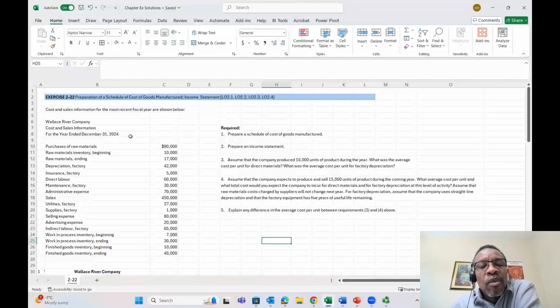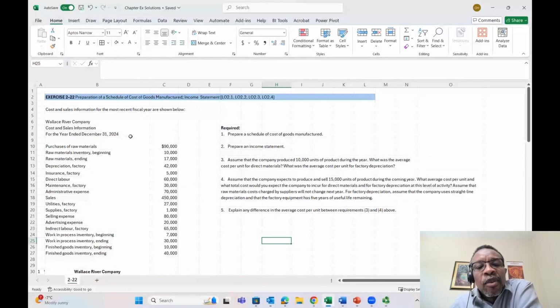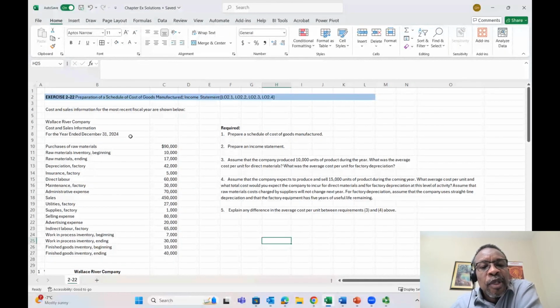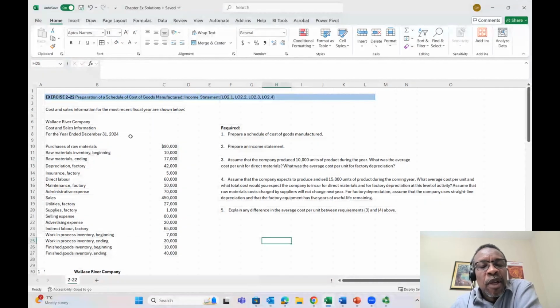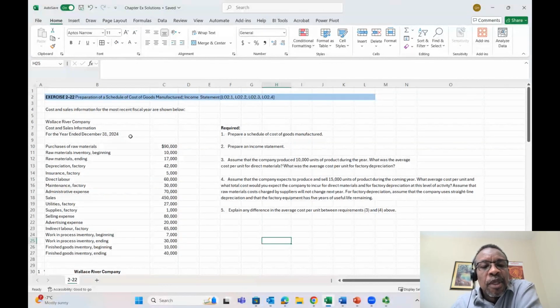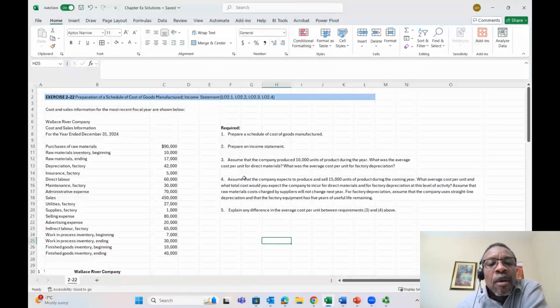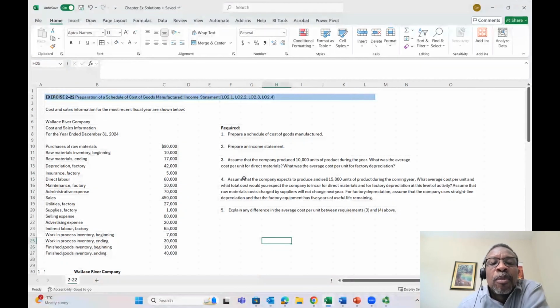That finished goods will then be transferred to the finished goods inventory, right? So the company will first have to sort out the cost of the goods that was manufactured during the period. Then this would get transferred over into finished goods, and then we can do our income statement, right? So pause the video and try to prepare the schedule of cost of goods manufactured.